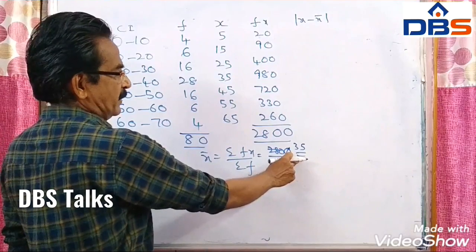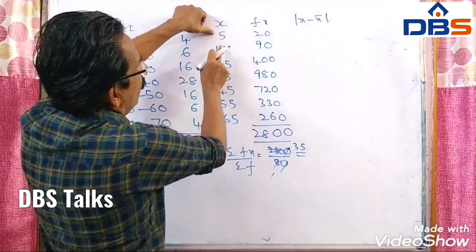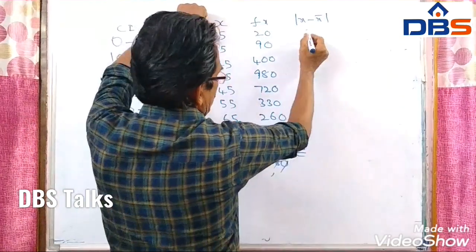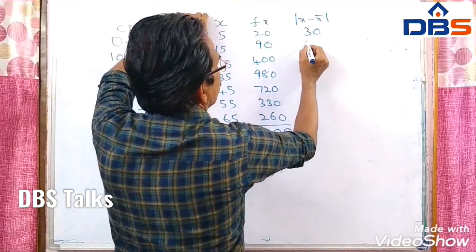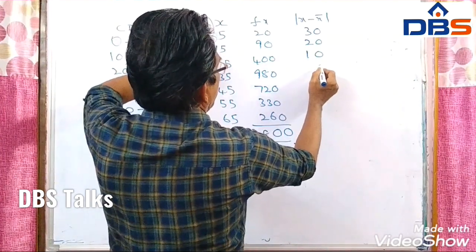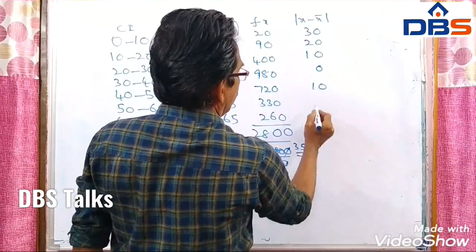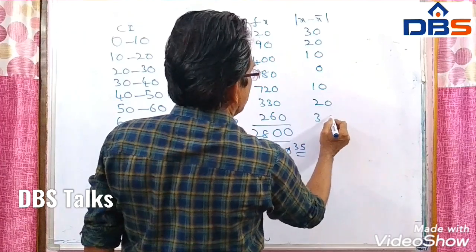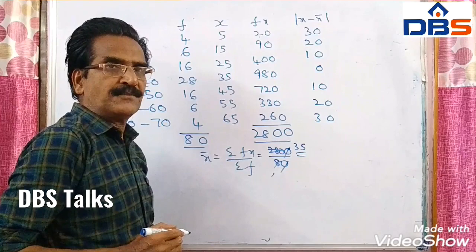Here x bar is equal to 35. These are the x values: 5 minus 35 gives 30, 15 minus 35 gives 20, 25 minus 35 gives 10, 35 minus 35 gives 0, again 10, 20 and 30. These are the mod x minus x bar values, friends.